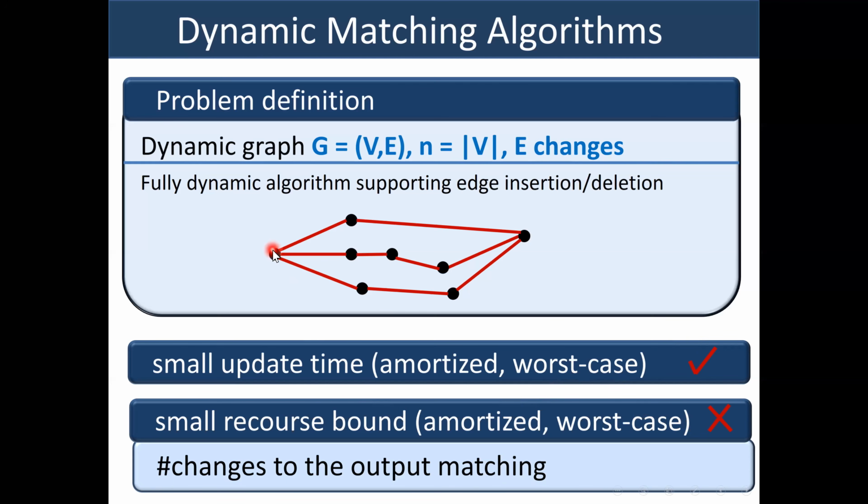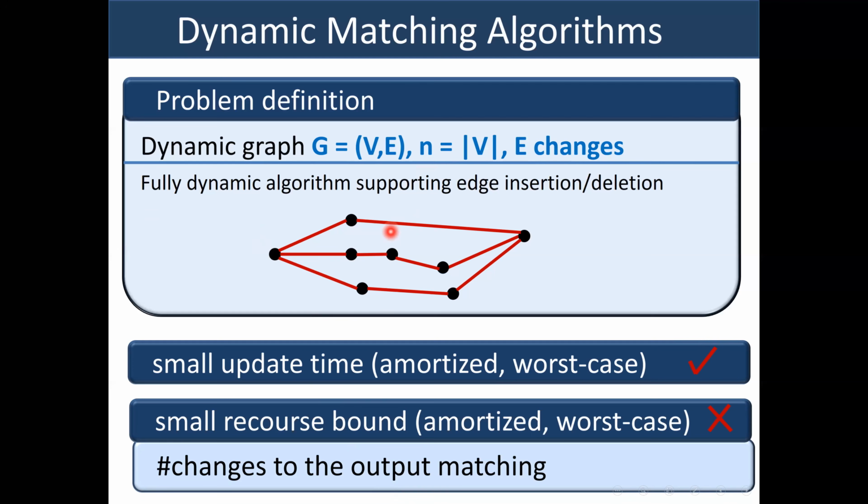And in the naive algorithm that we saw, we made just one change to the output matching, but it doesn't have to be this way. Maybe following a single update step, we change the matching completely, yet the update time could still be very low because maybe we are just changing pointers from one matching to another. It could be a constant time operation, but the recourse bound could be huge.